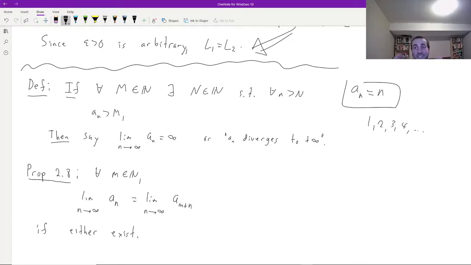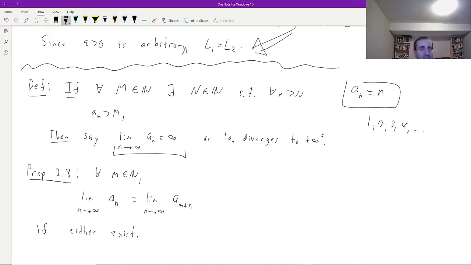It's converging to infinity, and it's nice to have a definition for that. So here's the definition for converging to infinity. If for every capital M in the naturals, there exists some capital N in the naturals, so that for all little n bigger than big N, a_n is bigger than M, then we say that a_n diverges to infinity, or in notation, we say that the limit as n goes to infinity of a_n is equal to infinity.